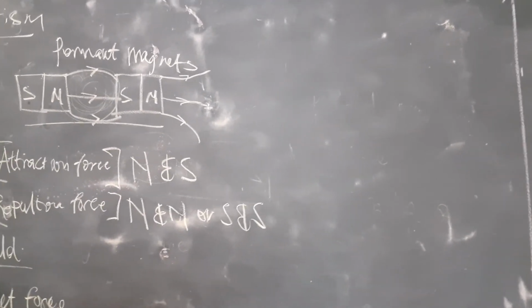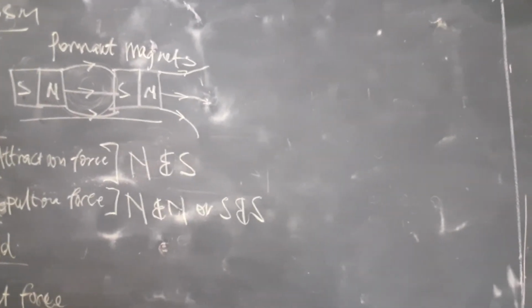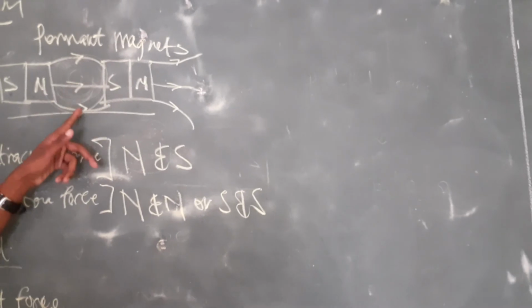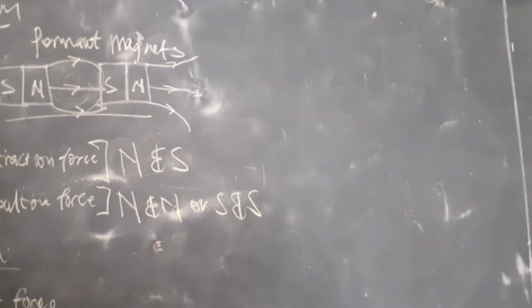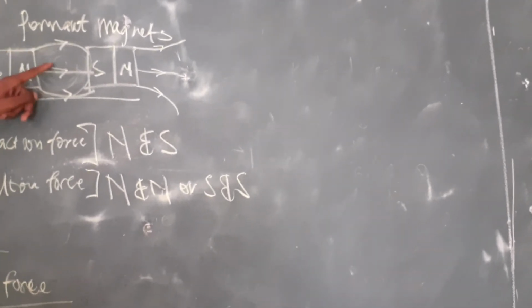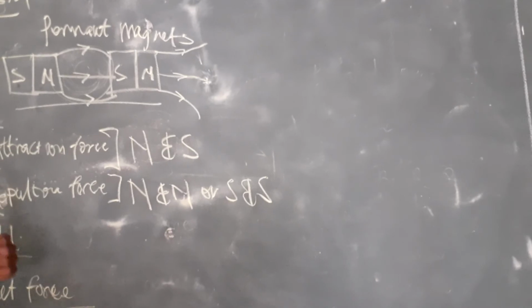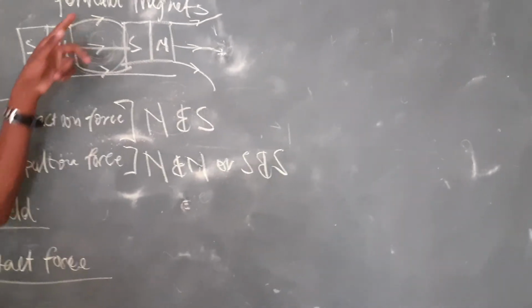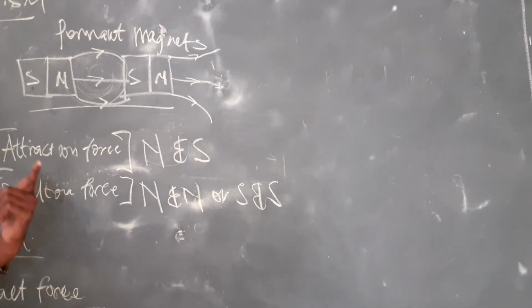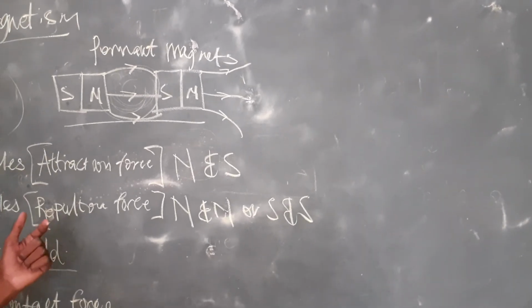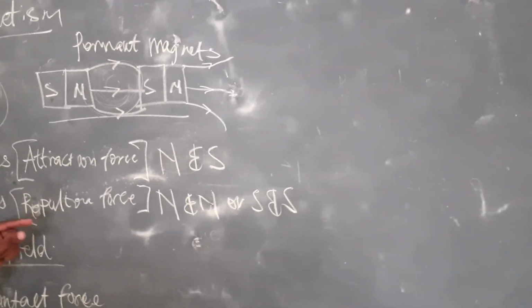Another thing is that magnetic field lines should never cross each other. They don't cross because they are parallel to each other. Magnetic field lines never cross. That's the first understanding you need to know about this. Magnetic field lines are stronger where they are closer to each other.